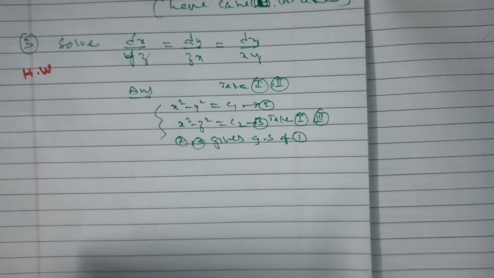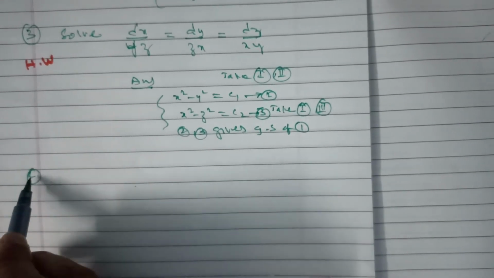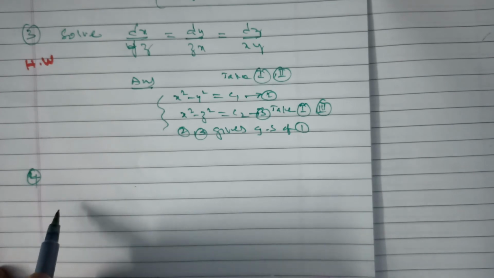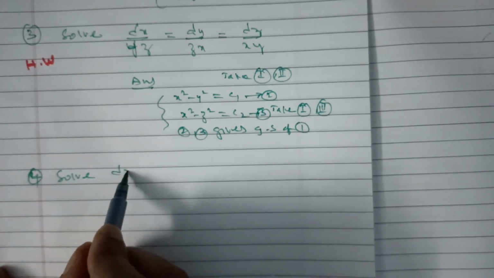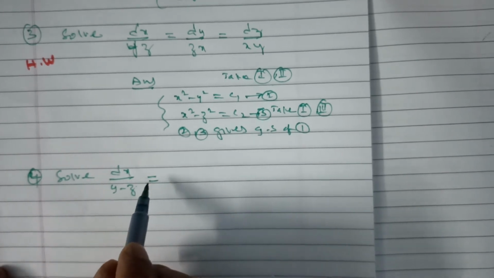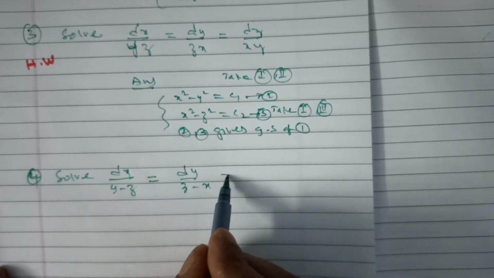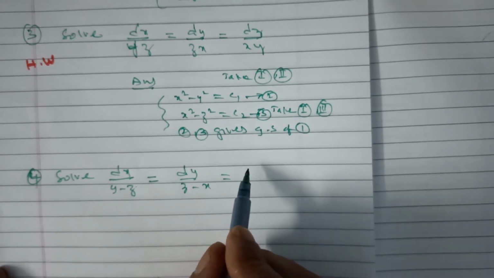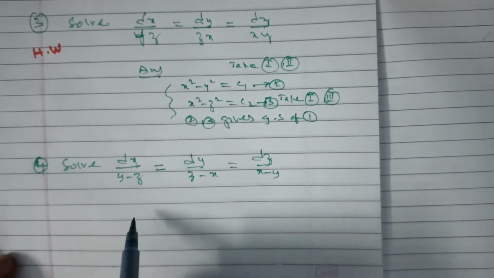Fourth problem. Solve dx by y minus z is equal to dy by z minus x is equal to dz by x minus y.